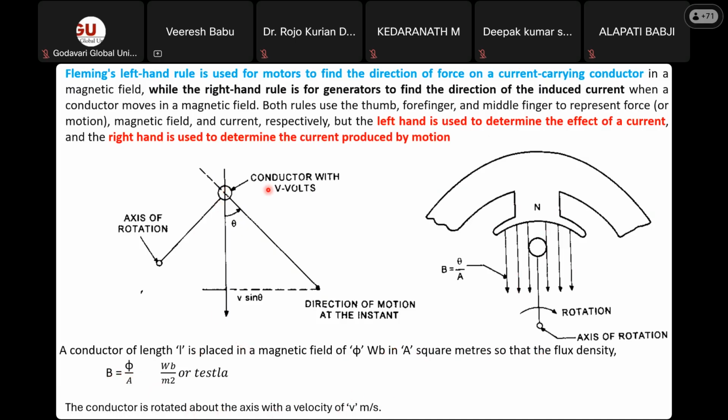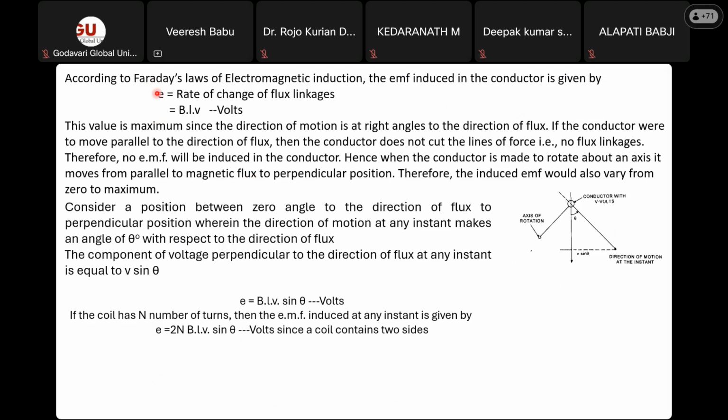If you want to find the electromotive force or voltage generated at any angle, you can use the formula E = BLV sin theta. Since the motor has a number of coils, E = 2n BLV sin theta volts. This is the equation you will use for electromotive force, or voltage.